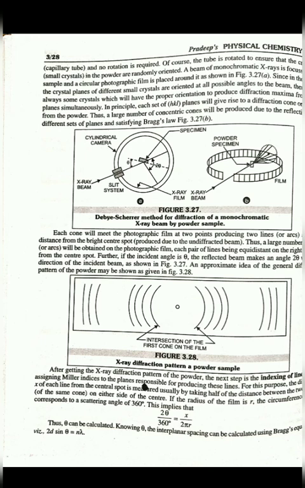If the radius of the film is r, the circumference 2 pi r corresponds to a scattering angle of 360 degrees. This implies that 2 theta upon 360 degrees is equal to x upon 2 pi r. Thus, theta can be calculated. Knowing theta, the interplanar spacing can be calculated using Bragg's equation, 2d sin theta is equal to n lambda.